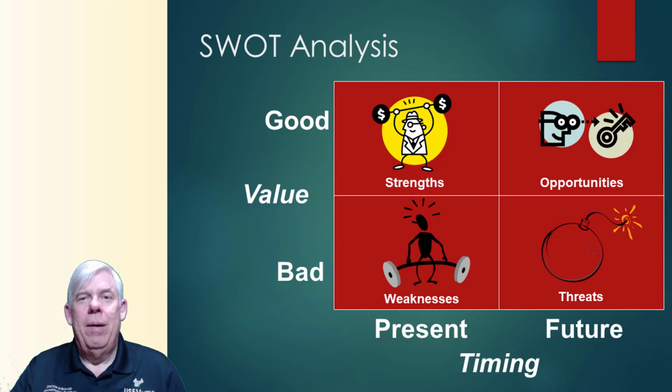So, if we look at the present, our strengths are what we're currently good at. Our weaknesses are what we're currently bad at. If we look at the future, opportunities are things that we can exploit in the future. Threats are things that could cause problems for us in the future. So when you're doing a SWOT analysis, what you really are doing is looking at present and future, good and bad.